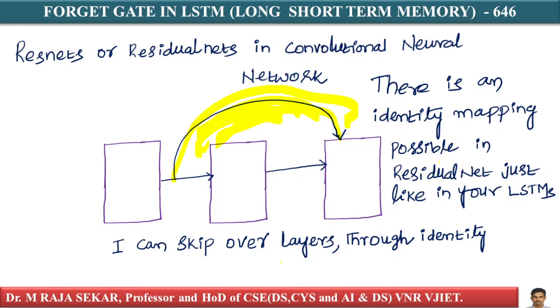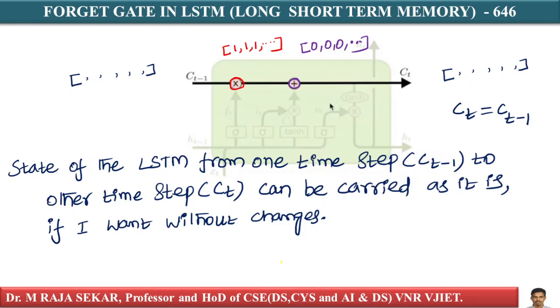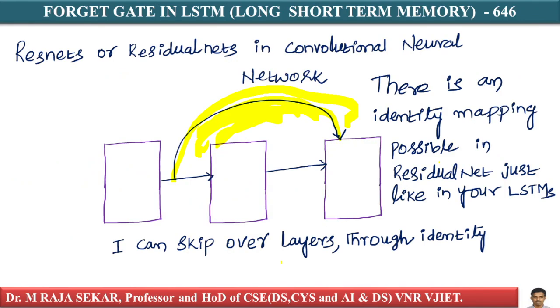But of course, strictly speaking, LSTMs are far more complex, because you have point-wise multiplication, point-wise product, and point-wise addition, which you don't have in ResNets, where you have weights.